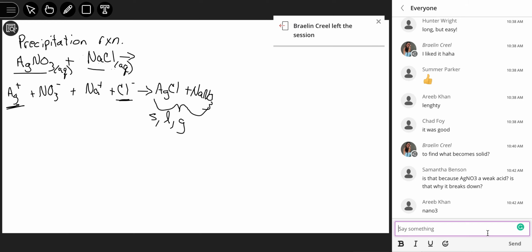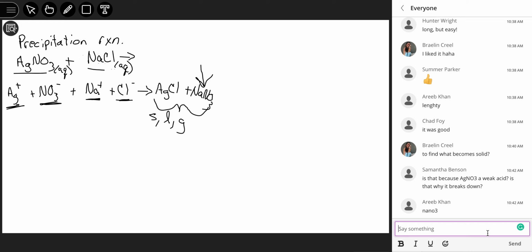Then a reaction occurs. The reason I say a reaction occurs is because two things will stick together and stay that way. So that's when the solubility rules come in. So if we look up the solubility rules, one thing we notice is that anything with a group 1 metal is always soluble, and anything with a nitrate is always soluble. So that's going to be soluble. If it's soluble, I write AQ.